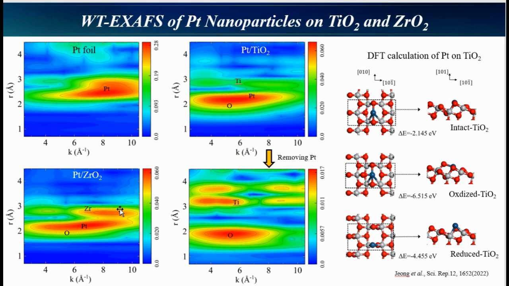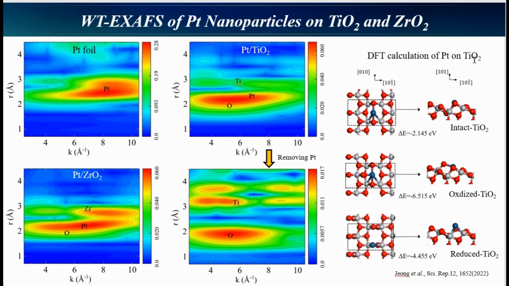When the signals obtained from data fitting are removed, the oxygen and metal signals in wavelet transform EXAFS are revealed as shown in this figure. We addressed the position of platinum atoms on titanium oxide supports using DFT calculation.